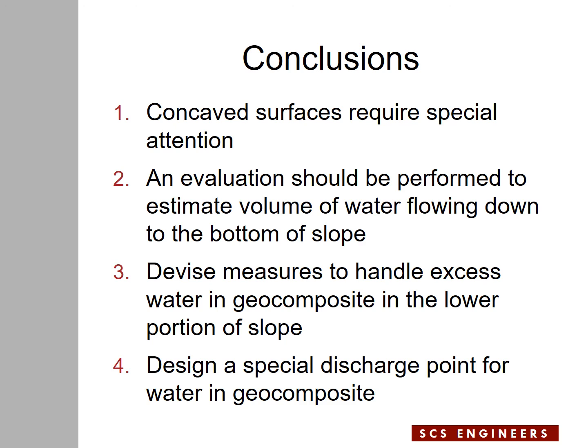And also, a special discharge point needs to be designed at the bottom of the slope to take water away from the perforated pipe and discharge it to the perimeter ditches. That needs to be designed at the design stage of the project.